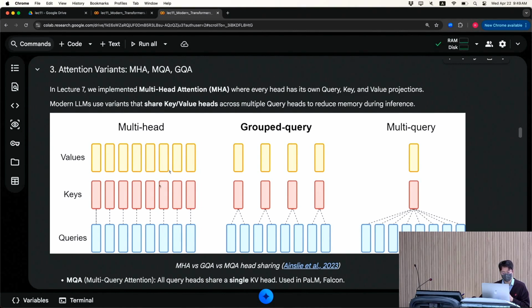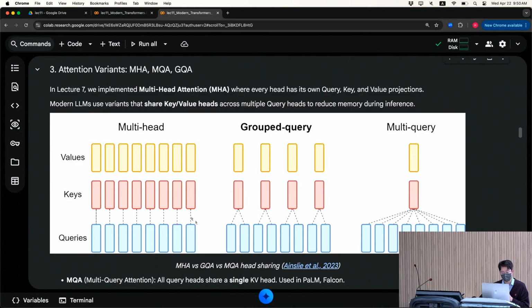We talked about the idea behind multi-head attention, multi-query attention, and group query attention, where we still have multiple query heads, but we're going to share key heads and value heads, so we can reduce the number of activations for efficiency.